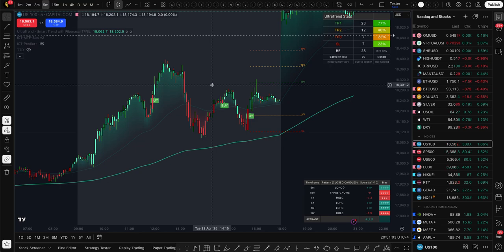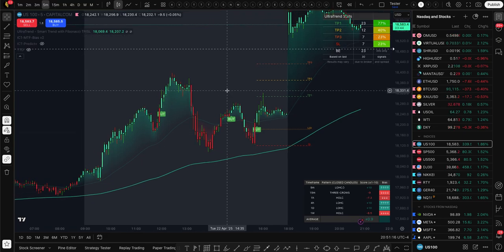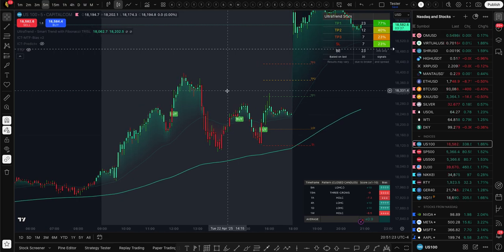You could trust me, you could have whatever indicator, you could use whatever strategy, ICT, SMC, anything, and you could still get messed up. So there's nothing 100% guaranteed that will protect you from bad conditions, okay?